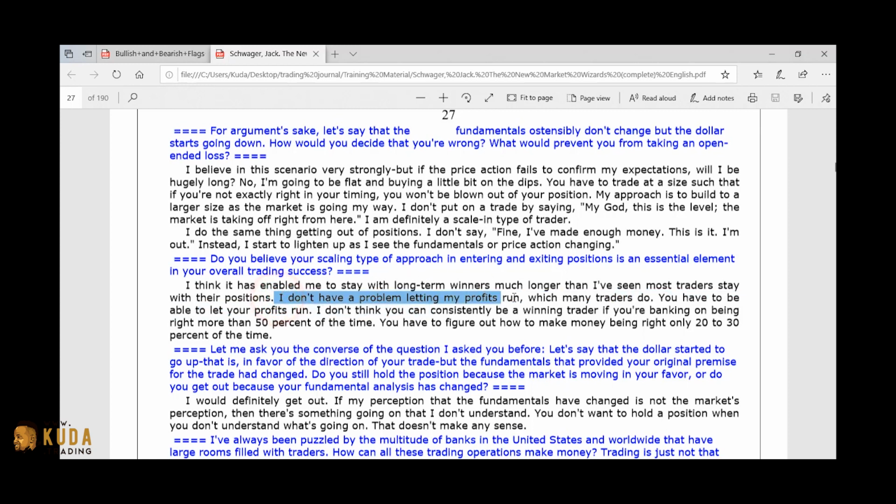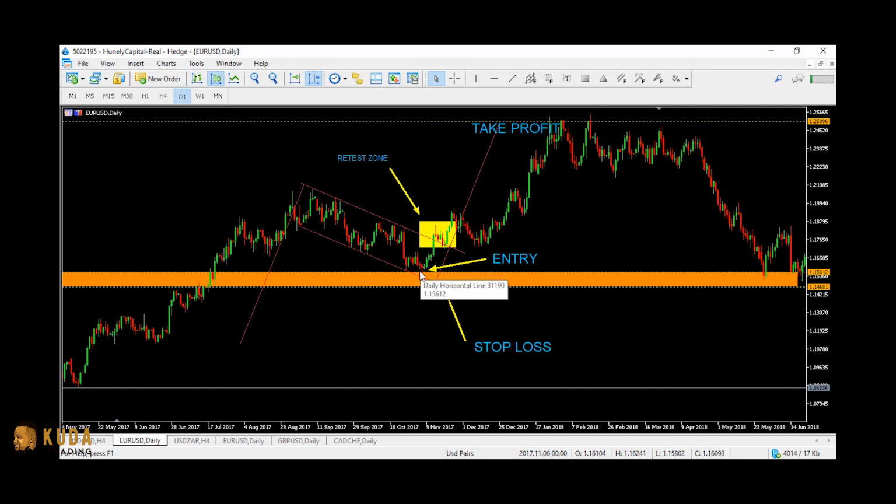I don't have a problem letting my profits run, which many traders do. If you want to let your profits run, this means from here to there, you're letting the markets continue to give you profit, even if they're retracing. It's fine. The only way you can survive that run is if your psychological capital is intact.